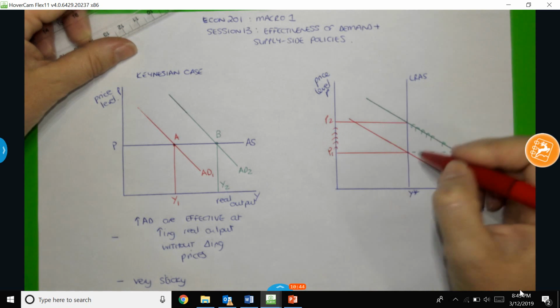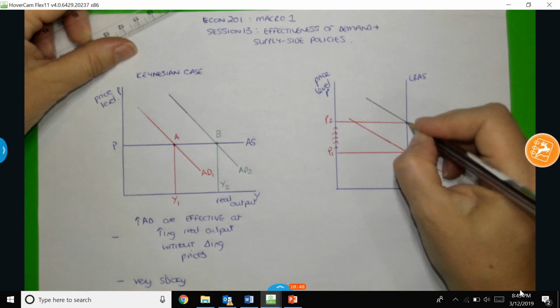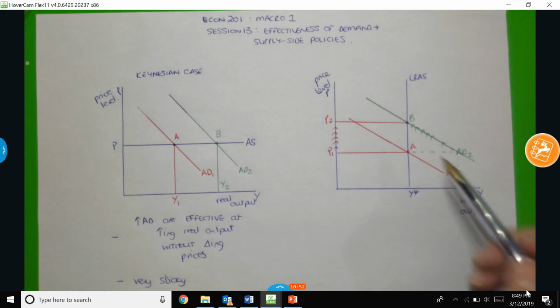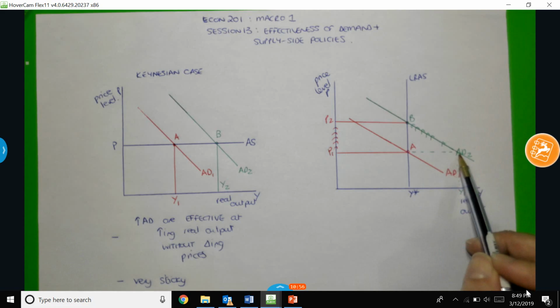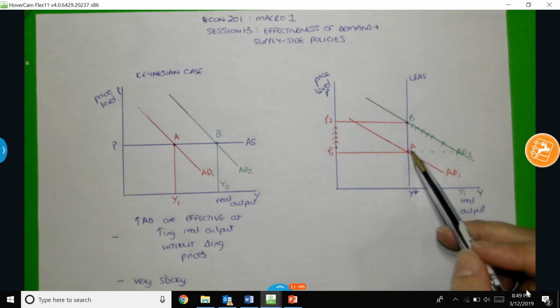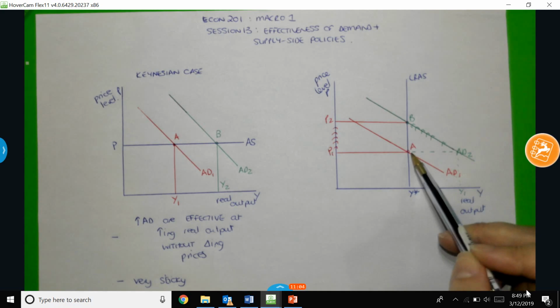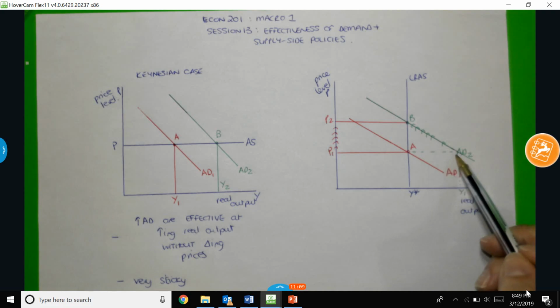So here, if we think about how the equilibrium changes, in this economy, the equilibrium will change from point A to point B. When there is an increase in the demand for goods and services, in the long run, it is not possible for firms to expand the amount of output that they produce because they do not have additional resources with which to produce that additional output.